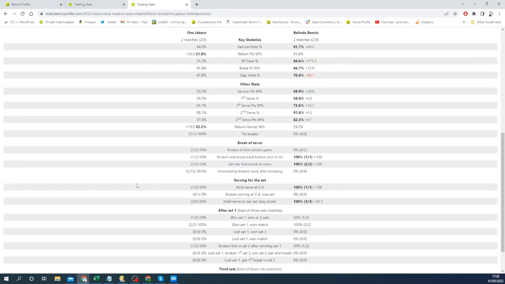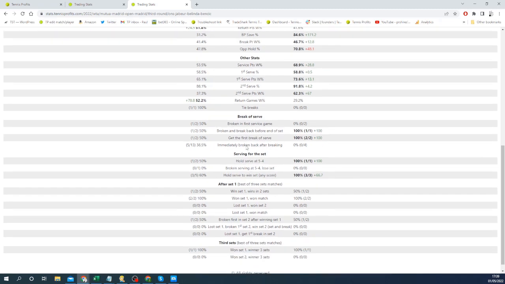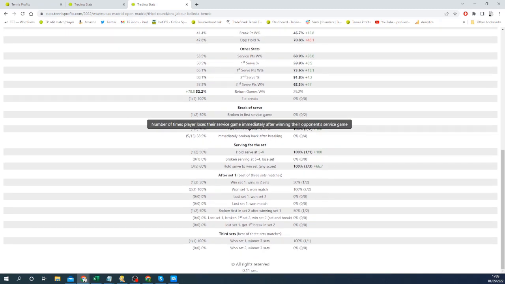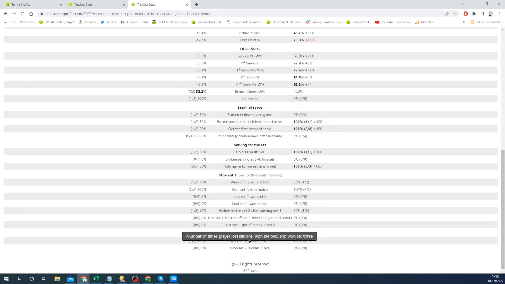Now the stats below there, where it starts break of serve, these are the stats that are the next thing on the list for the live section. At the moment we've got, these were really a test set of stats to see if the coders could get them to work, and they've obviously done that.